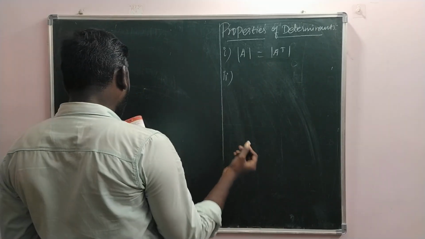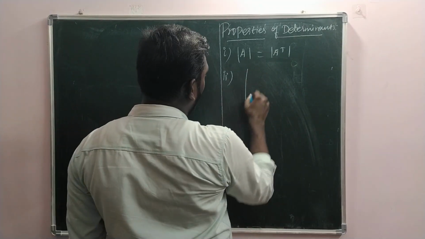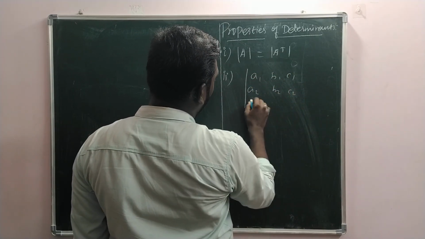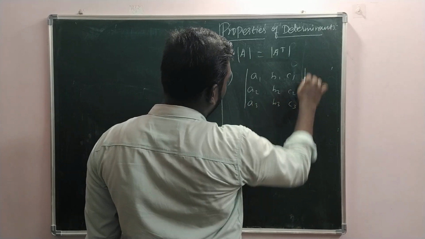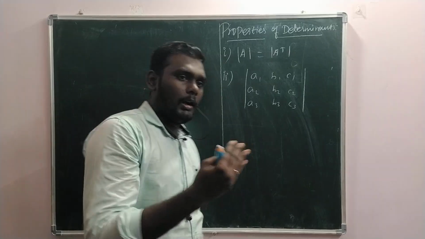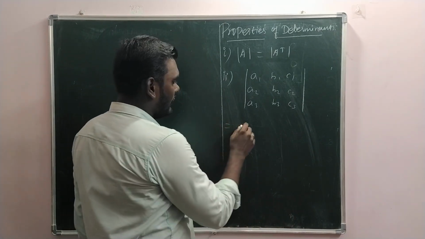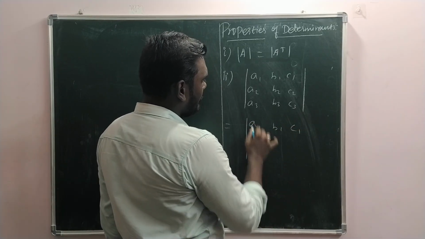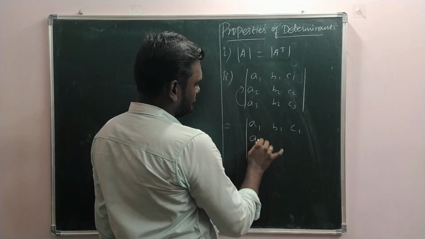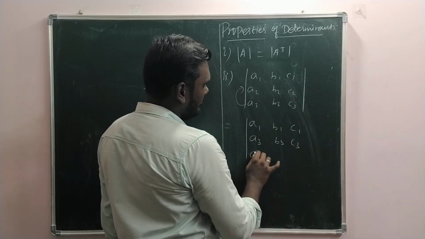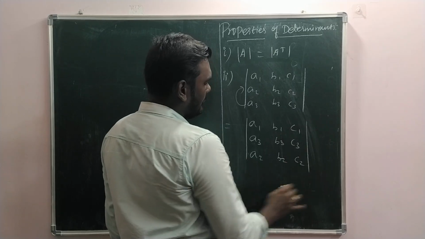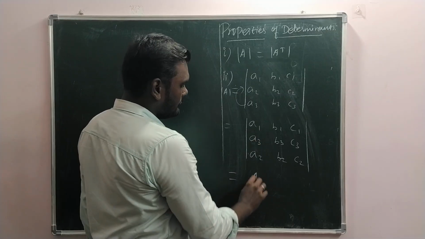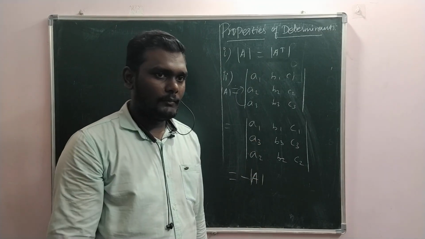if we have a square matrix, let us say with rows A1, B1, C1, A2, B2, C2, A3, B3, C3, and I interchange a row or column, for example bringing R3 to R2, so the rows become A1, B1, C1, A3, B3, C3, A2, B2, C2, then the determinant value is the same as the determinant of A, but with a negative sign.